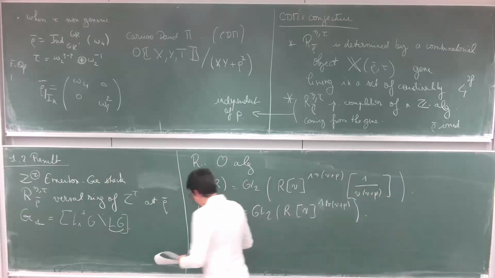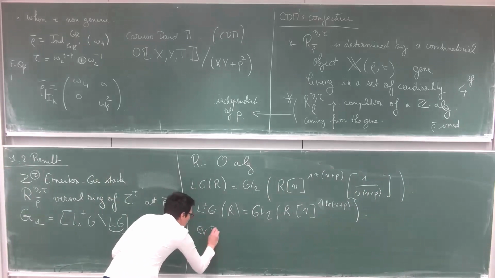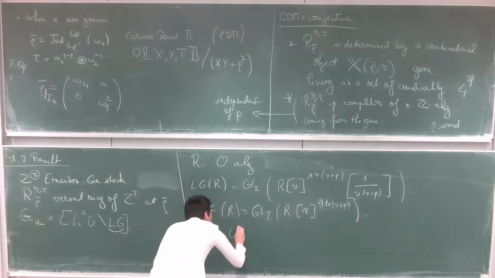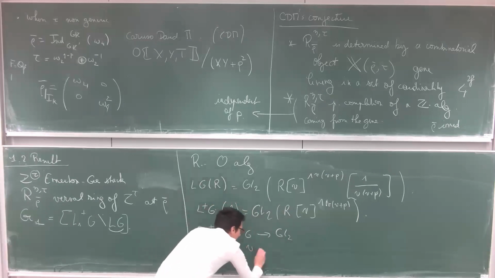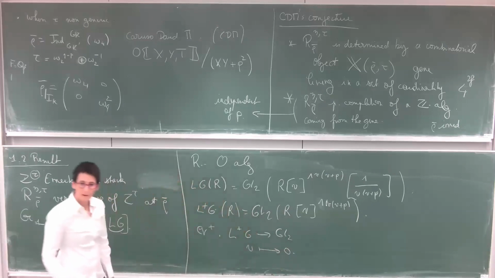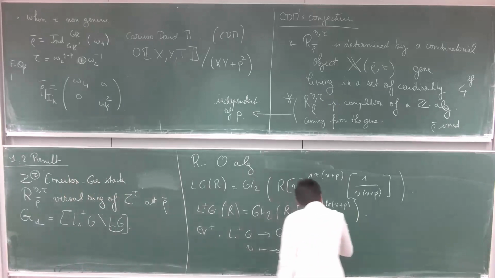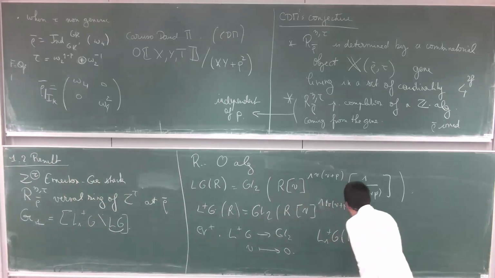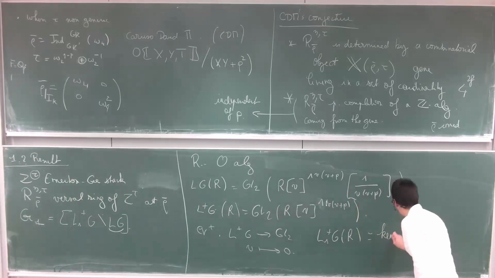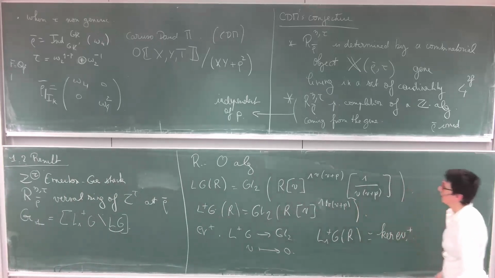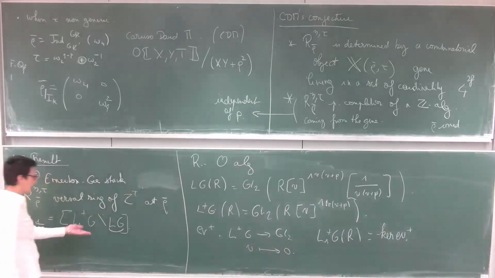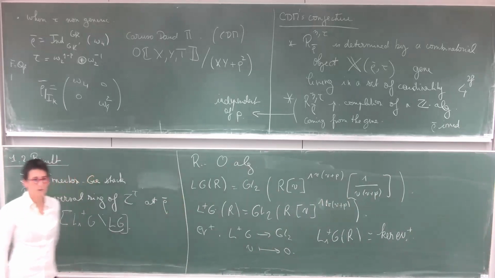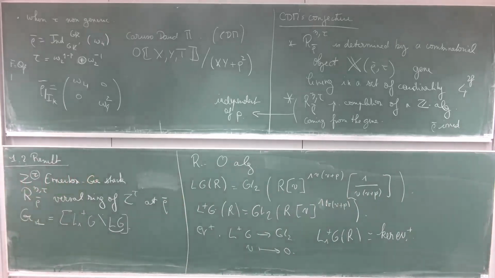You have an evaluation map from L plus G to GL2. You send V to 0, and L1 plus of R is the kernel of this map. And then you have a stack, which is locally defined like this quotient.